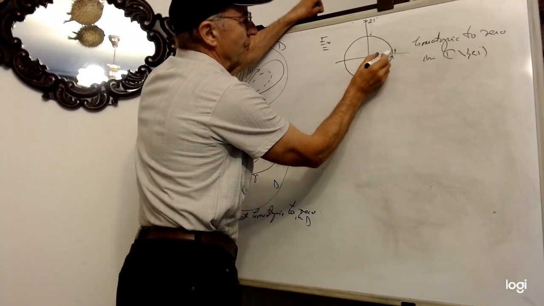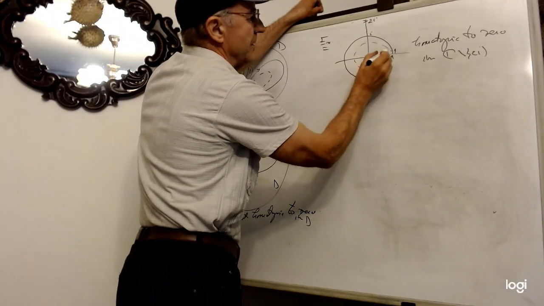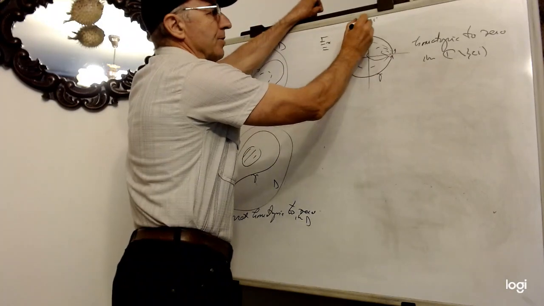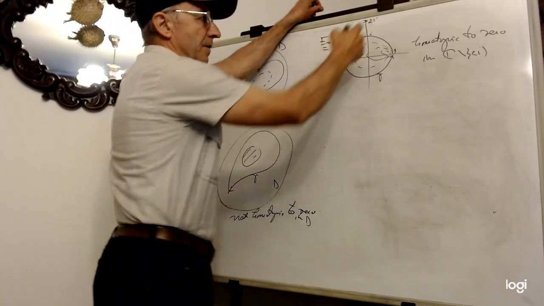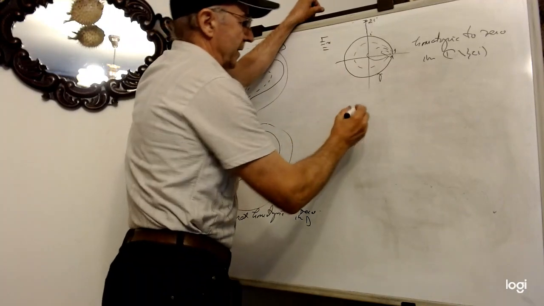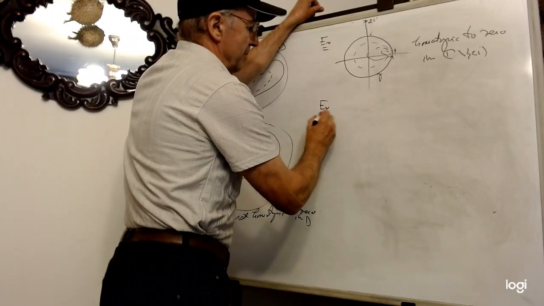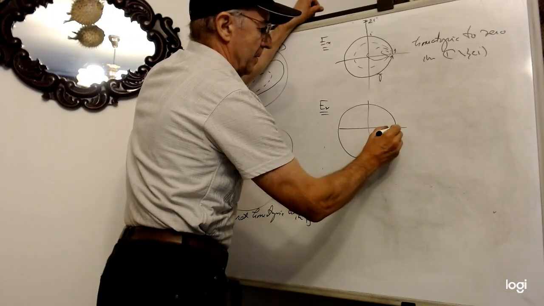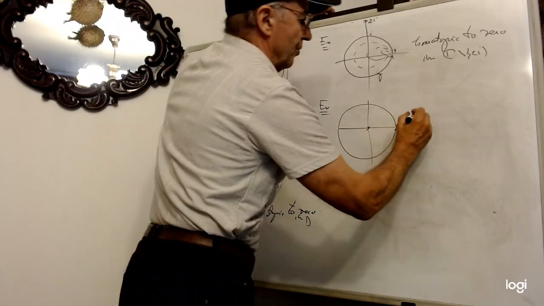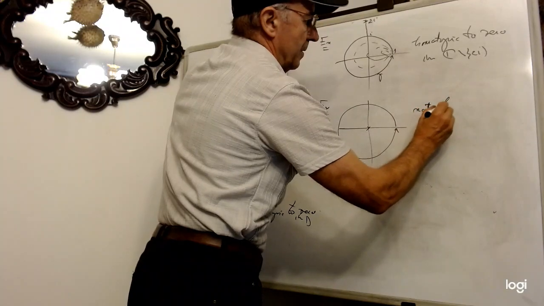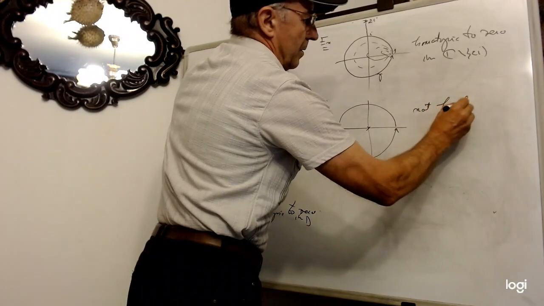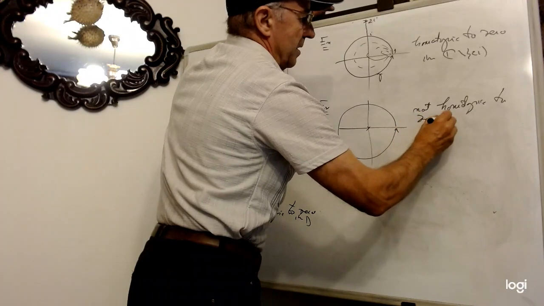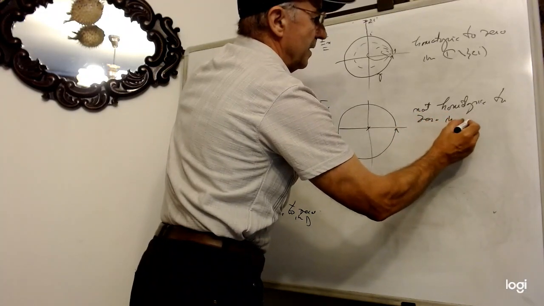We can deform this path continuously into a point without passing through this point, but the same path is not homotopic to 0 in C star.